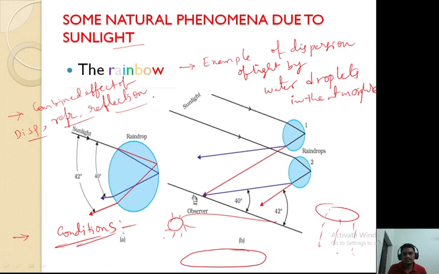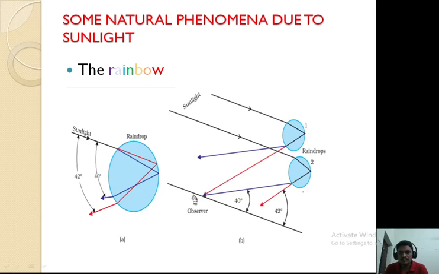For example, the sun is shining in the western hemisphere and there is rain in the eastern hemisphere, and an observer on the earth can see the rainbow when his back is towards the sun. Now we will discuss how the rainbow is formed.